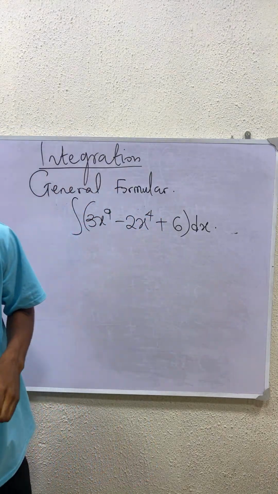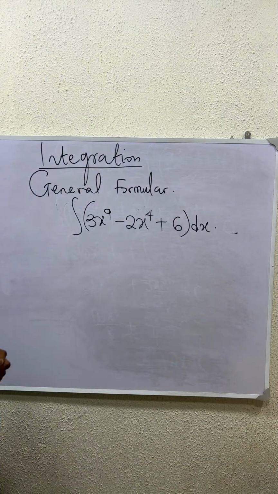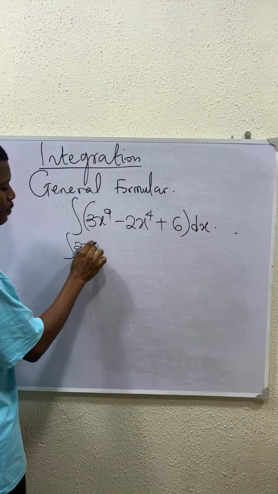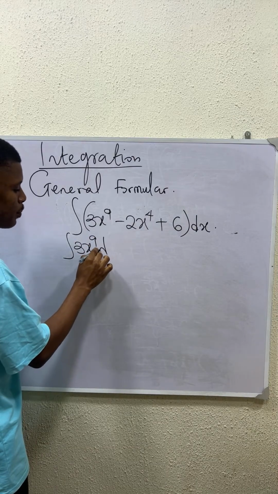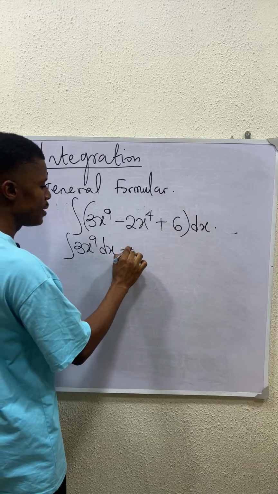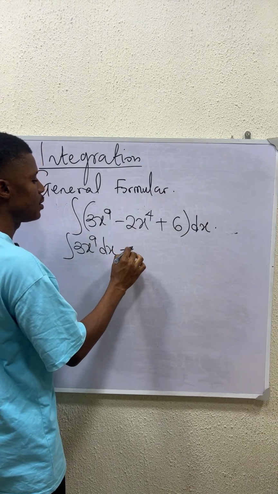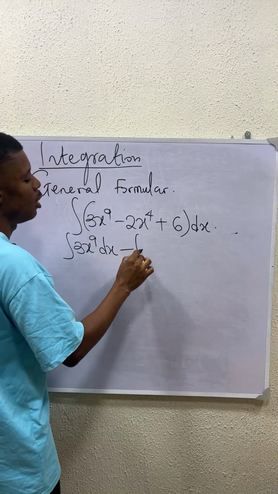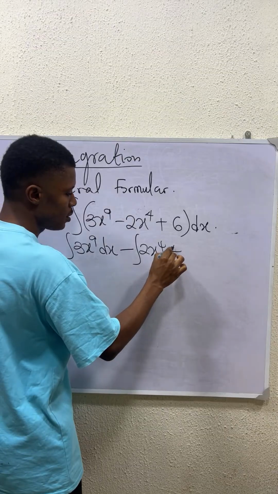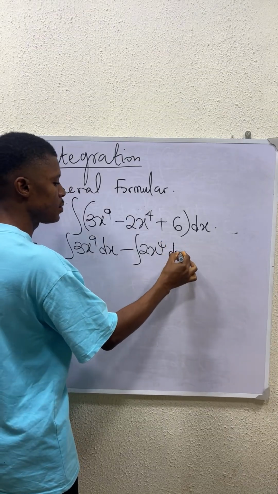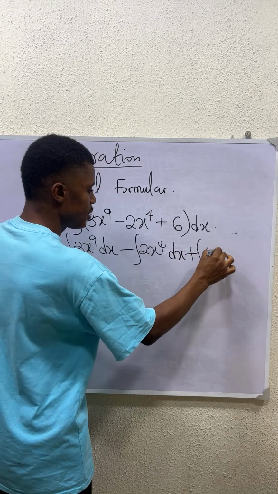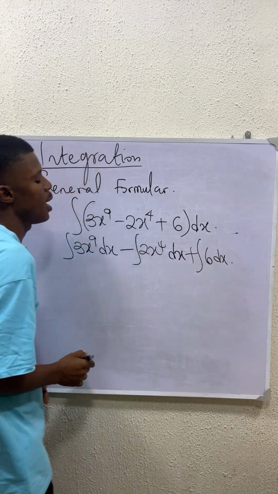You have the integral of 3x^9 with respect to x, minus the integral of 2x^4 with respect to x, plus the integral of 6 with respect to x.